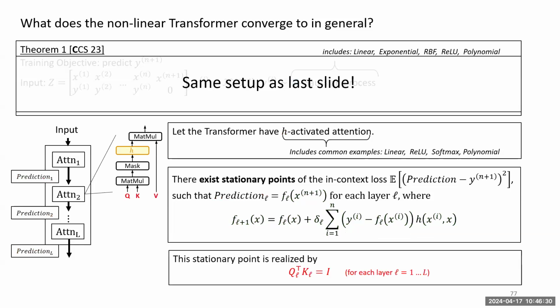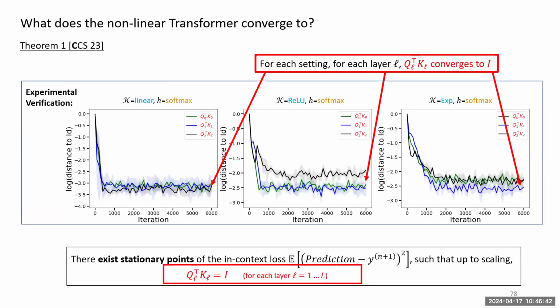And once again, we can make a concrete prediction for what the parameter values at these stationary points are. Here, the stationary point would be realized if query times key is identity. And experimentally, we again verify that the transformer appears to be consistently learning these parameters.